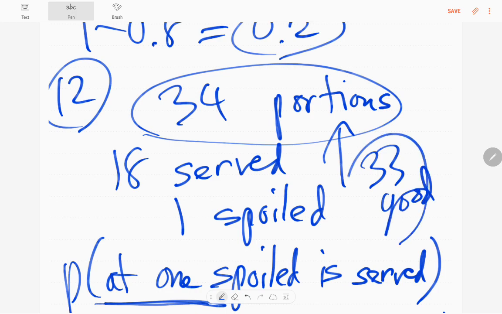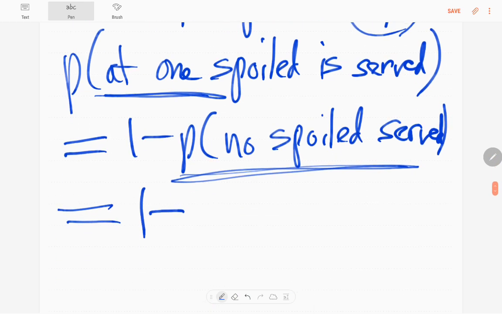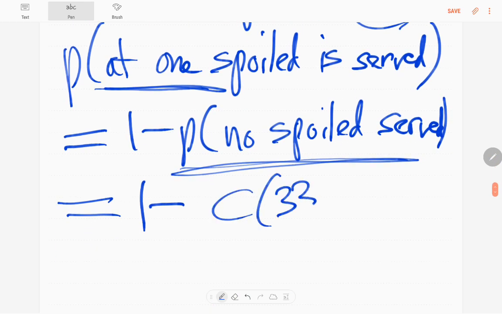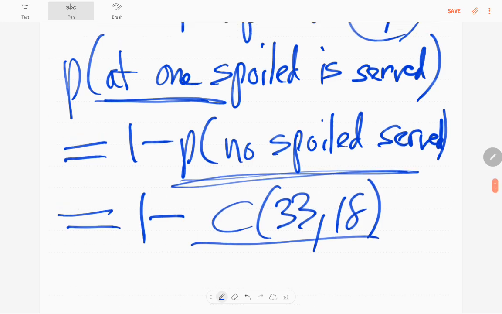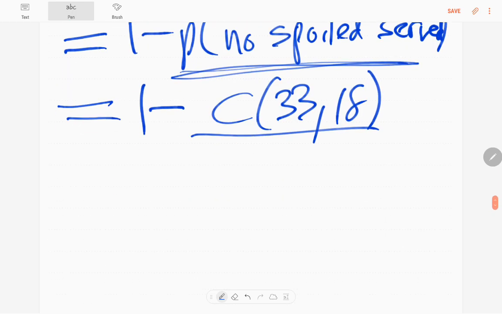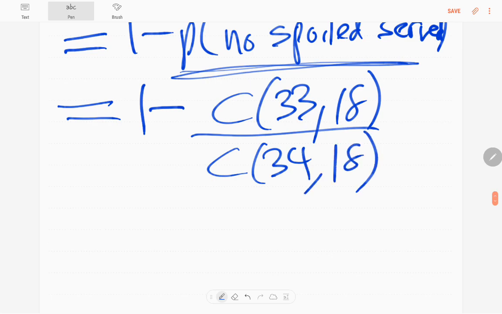So that means we had 33 good plates, and we served 18 of them. So it looks like 33 choose 18 is the numerator. That's the number of ways that all 18 could be good, because we can only choose them from the 33 plates that are good. But what is the total number of selections? Well, there are 34 plates, and we're serving 18 of them to customers.